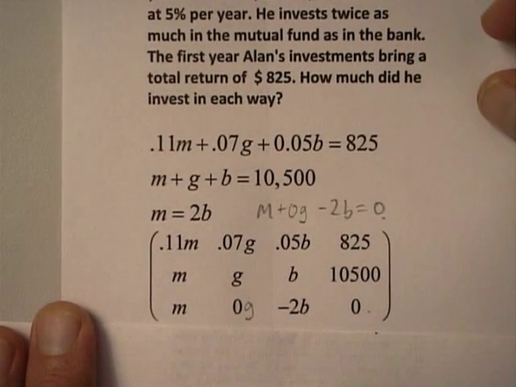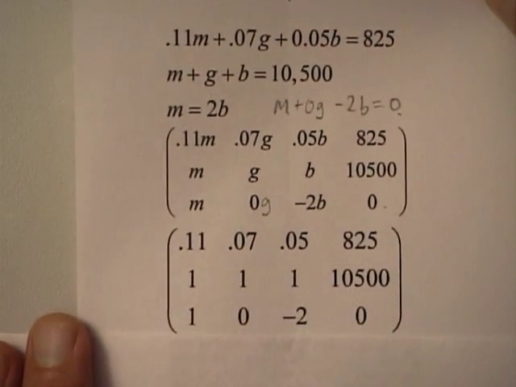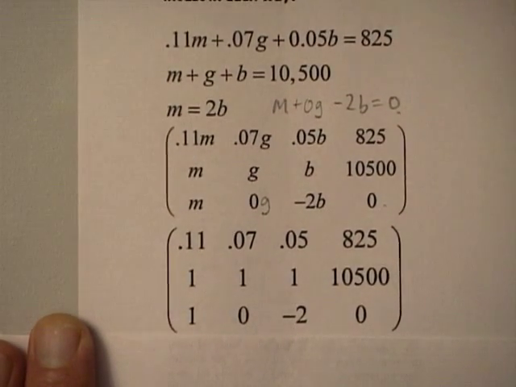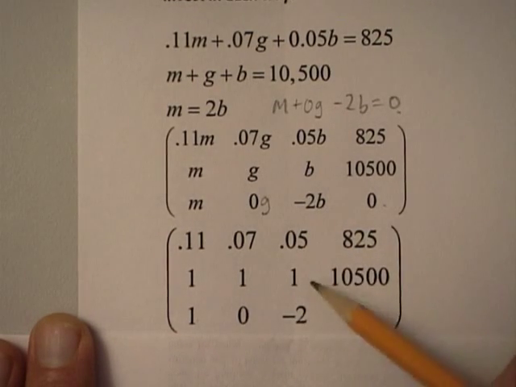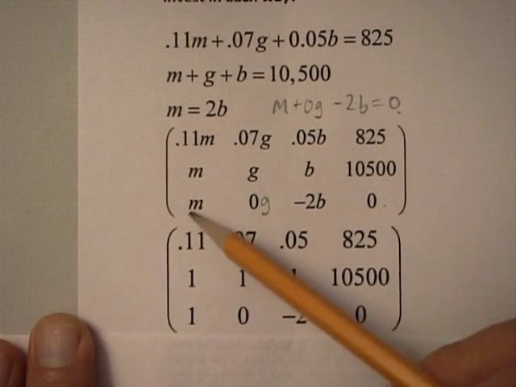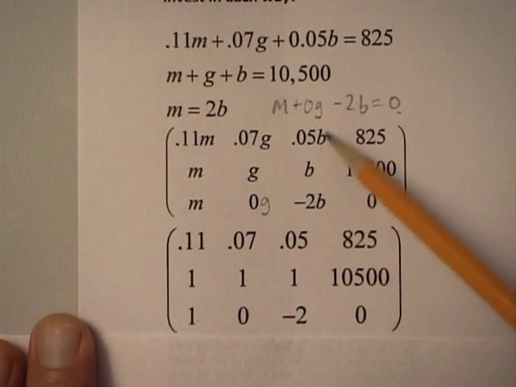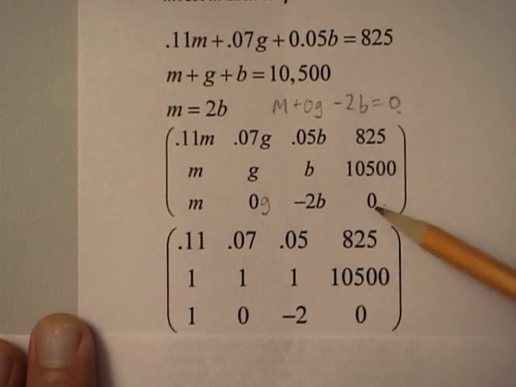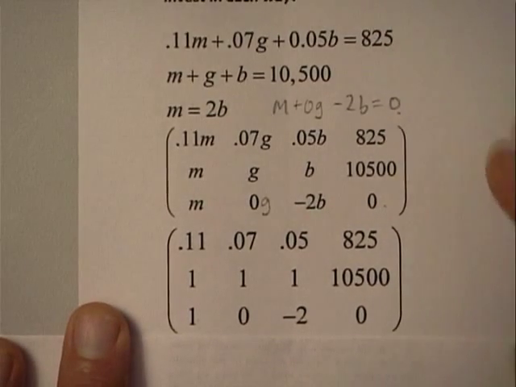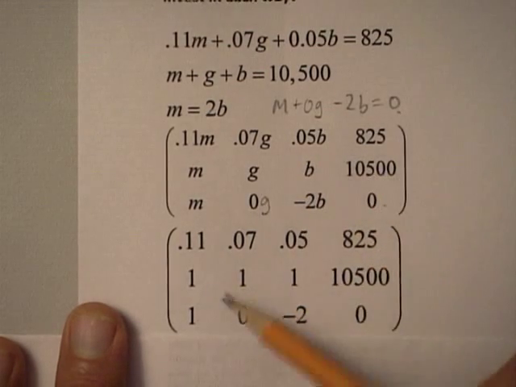A real linear matrix that's useful is one that has just numbers in it. Just the numbers. And these numbers are considered the coefficients. They will be called the coefficient matrix. So they come from the coefficients on each of the linear variables, and this is a column of constants that comes from the right-hand side. So you can see this is pretty easy to follow, it comes right from here.